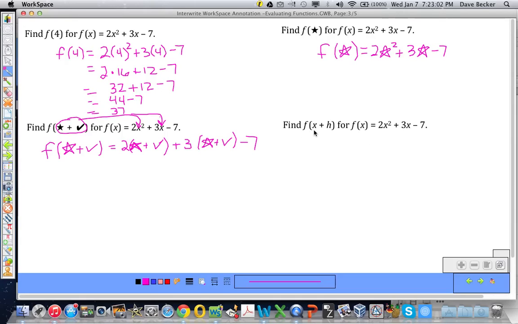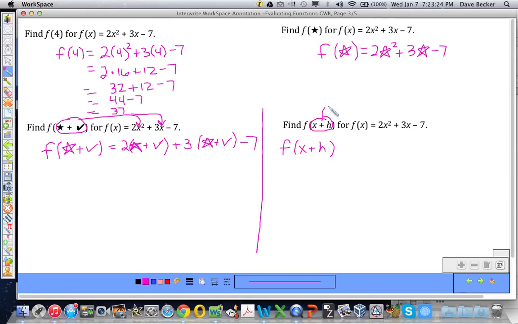Okay, find f of x plus h, yes, for f of x, same function every single time, just to show you that there's no big deal going on here. So f of x plus h, okay, so wherever I see an x over here, it's getting replaced with x plus h.